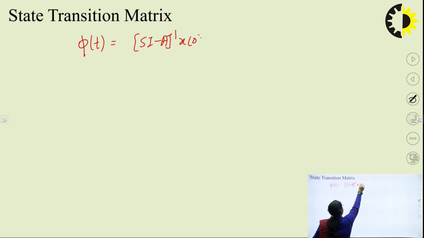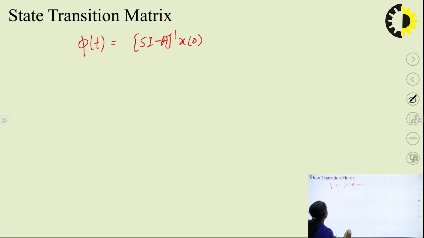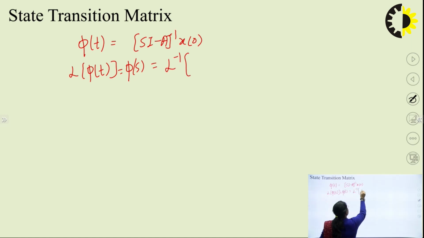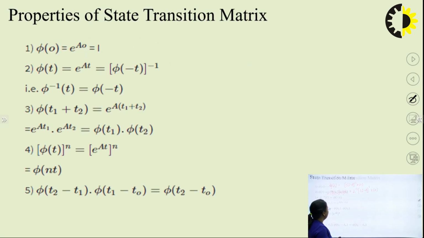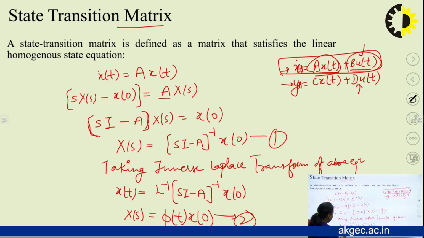Similarly, if we take the Laplace transform of phi t, which comes out to be phi(s), then it comes out as Laplace inverse of (sI minus A) inverse into x0.